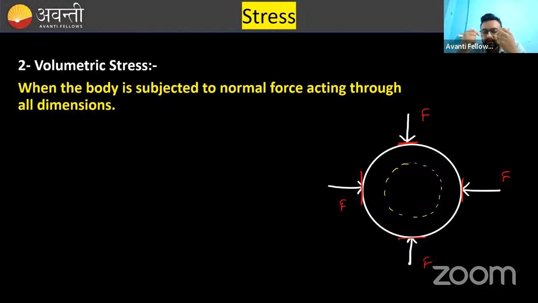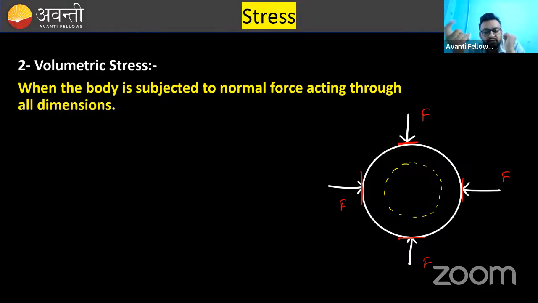Next is tangential stress, or you can say shearing stress. In this case, the force is parallel to one of the faces of the body. In tangential stress, the volume of the body remains the same, only the shape of the body changes.